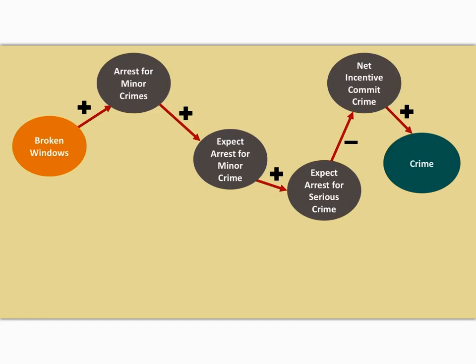The idea here is that there's sort of a cost-benefit analysis going on, and by raising someone's notion of the likely cost of committing crime, it will lower that net benefit, lower the incentive, and thus lower the crime.